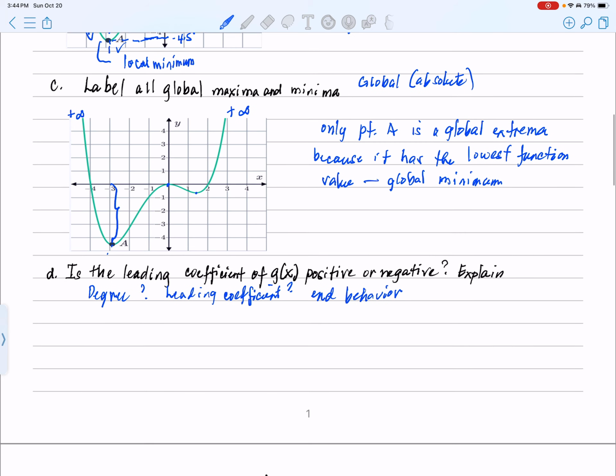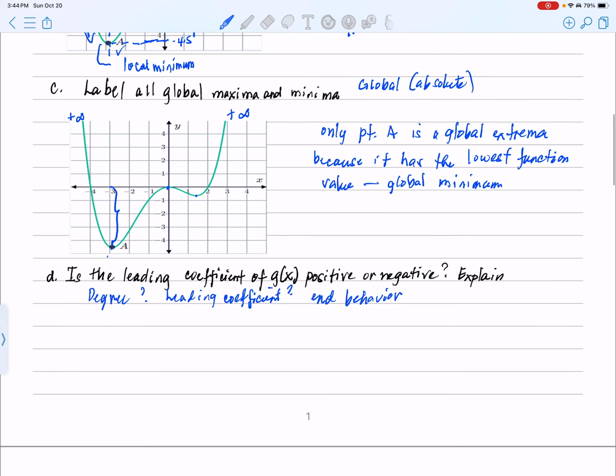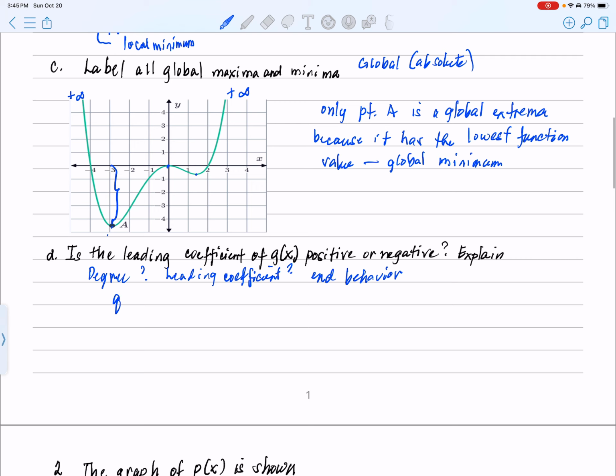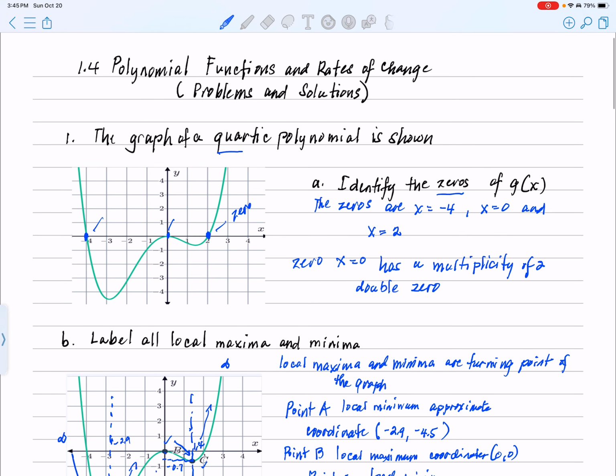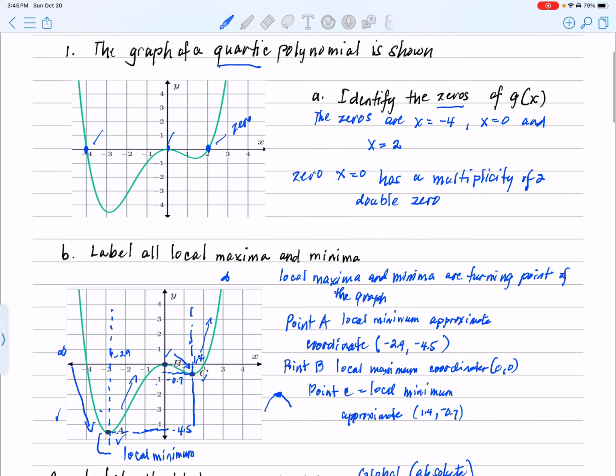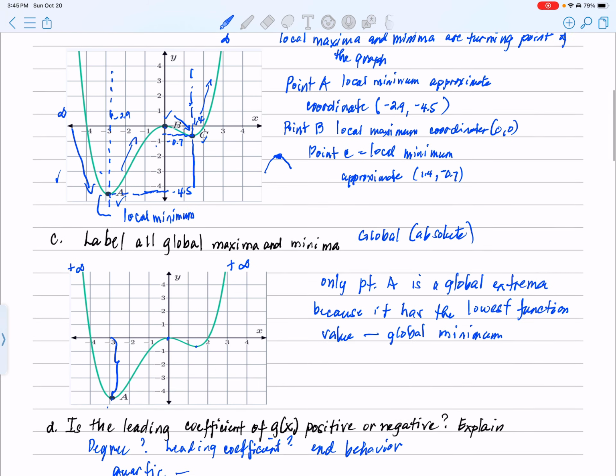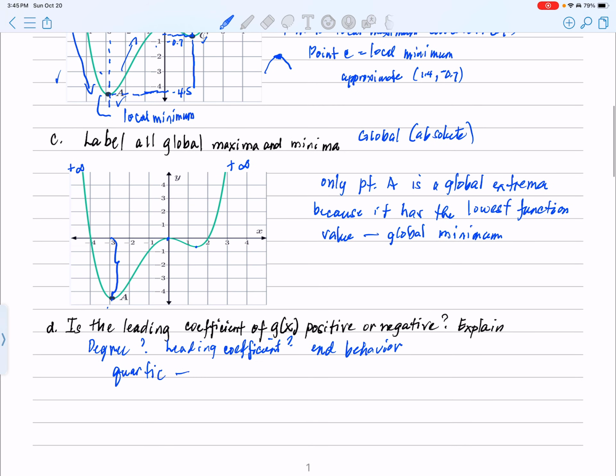It says in the beginning it's quartic. Graph of a quartic. How do we know it's a quartic? Both of them are facing up. How many turns do we have? 1, 2, 3, 4. Right?